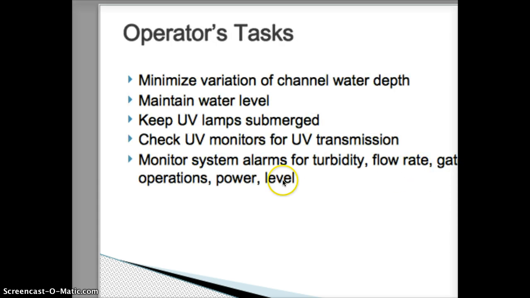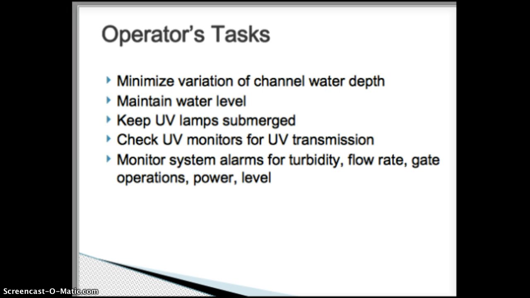Okay, so operator's tasks. It is important that the water in the depth of the channel stay consistent so that the lamps are submerged at that same level. They don't go too high or too low. So maintaining that water level.